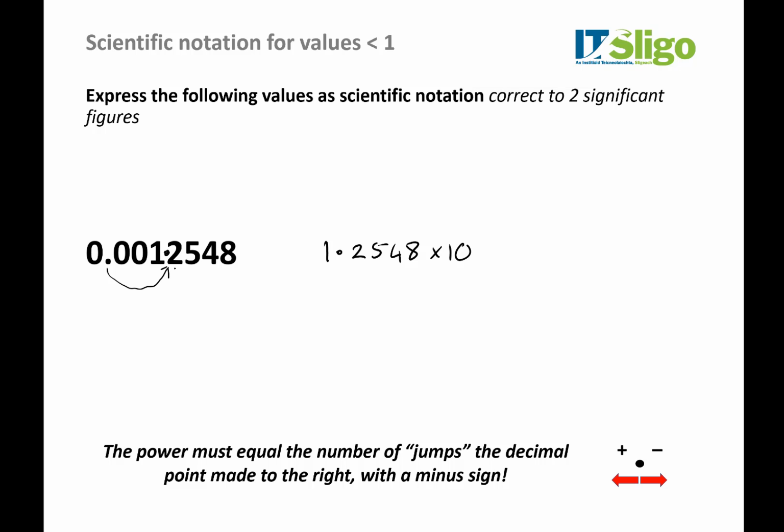We're moving 3 places to the right, so my value on the power is minus 3. I need to write my answer correct to 2 significant figures. There's my two significant figures. I look over, so it would be 1.3 by 10 to the minus 3.